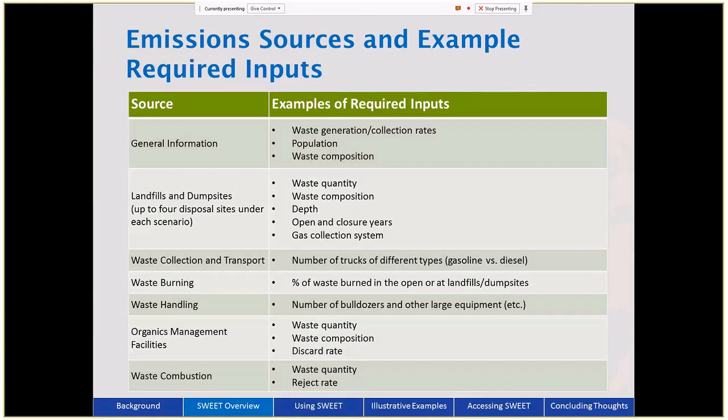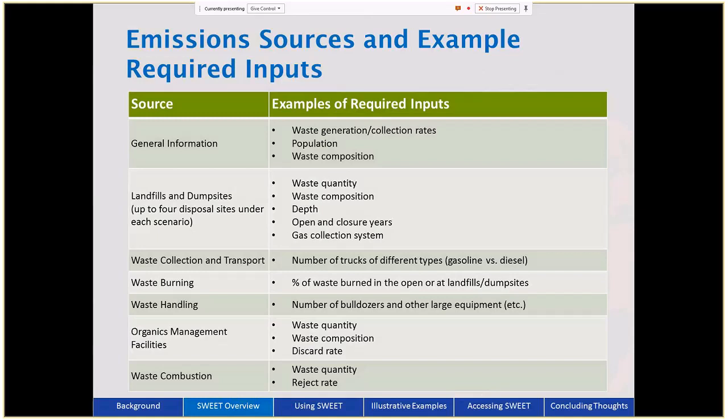And we also account for trucks that use compressed natural gas, which we know is not really a popular fuel at this time, but we know there is a lot of interest in the possibility of capturing landfill gas and converting it to CNG to use in collection fleets. So we've incorporated that into the tool.